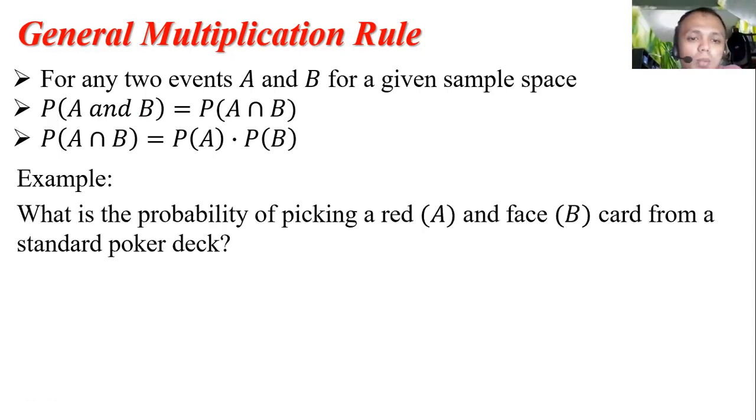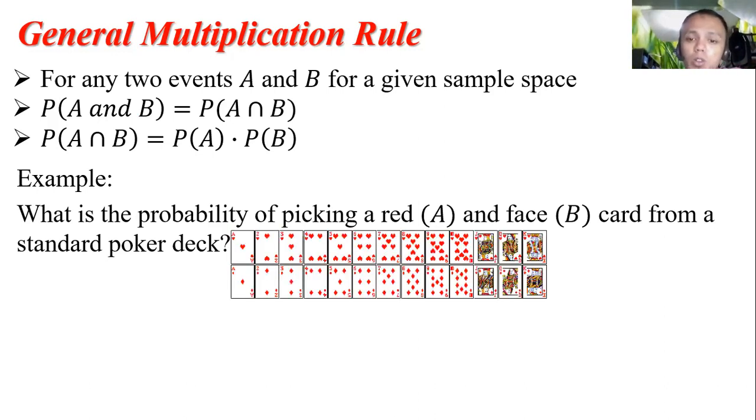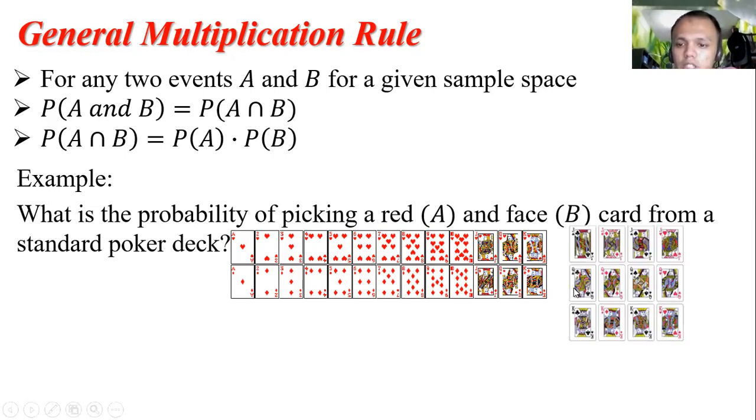Example here: what is the probability of picking a red and face card from a standard poker deck? This is not yet about dependent and independent events; we are talking about the general multiplication rule. For the red cards, these are our red cards. For the face cards, it is these.